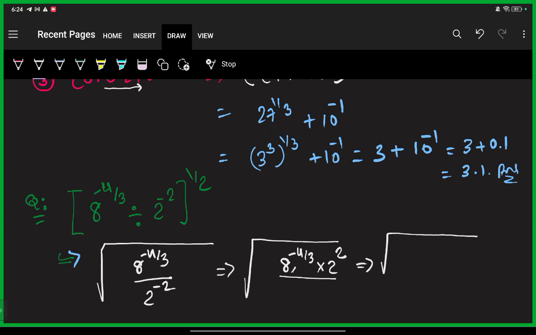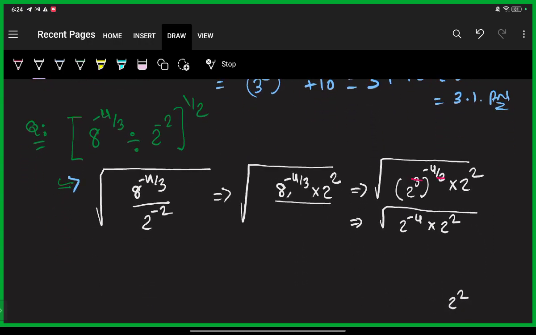So we need to write this 8 in terms of 2. So it will become 2 cube raised to minus 4 by 3 multiplied by 2 square. So this 3, this power will cancel out. So we'll end up with 2 raised to minus 4 multiplied by 2 square. This root is nothing but 1 by 2 power.